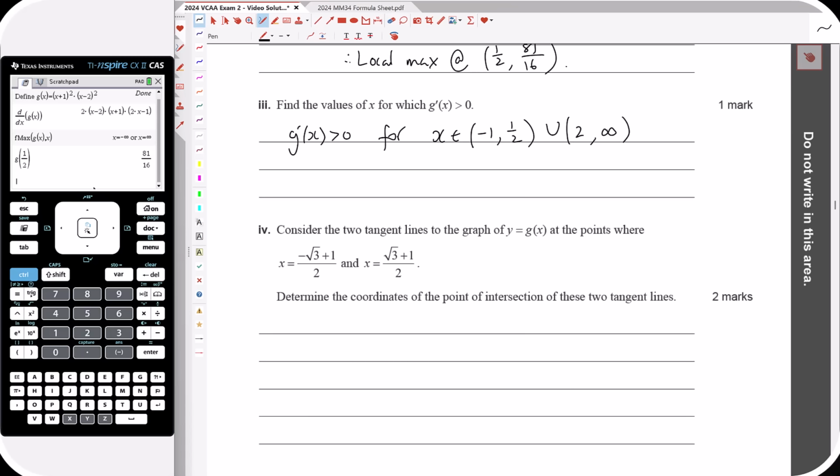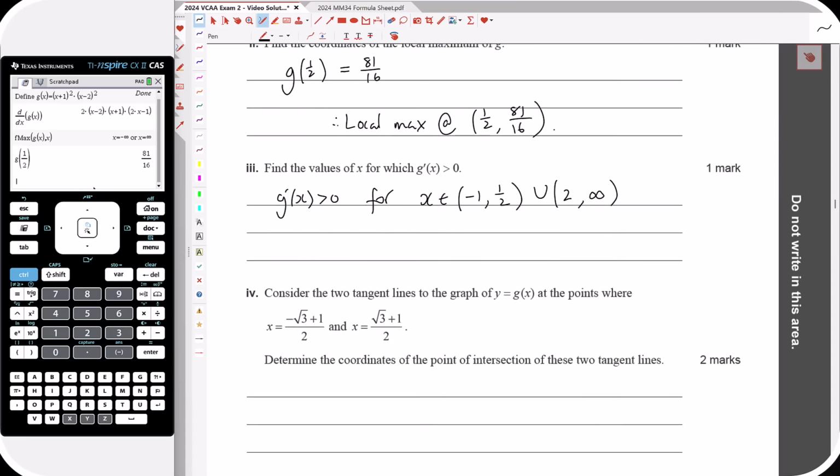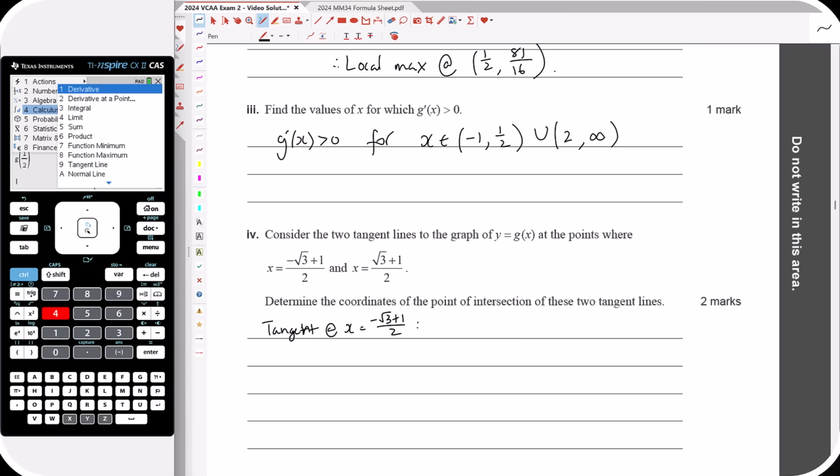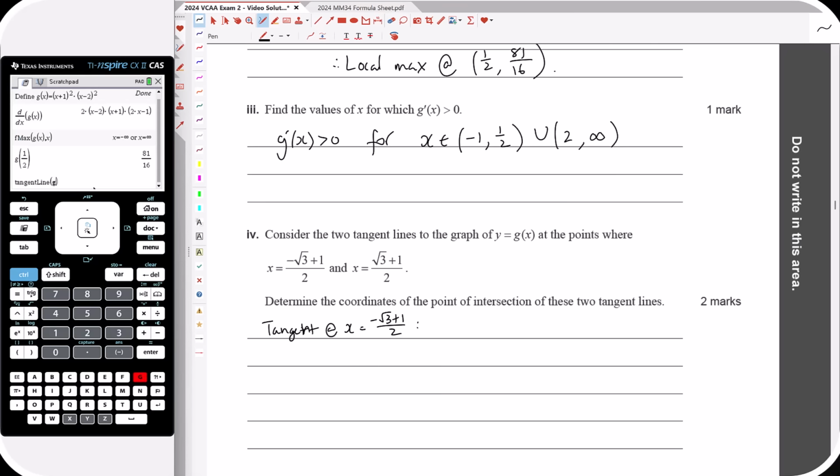Determine the coordinates of the point of intersection of these 2 tangent lines. Okay, so let's just calculate the 2 tangents. So tangent at x equals -√3 plus 1 on 2 is going to be, so the tangent line to g of x when x is equal to -√3 plus 1 on 2.